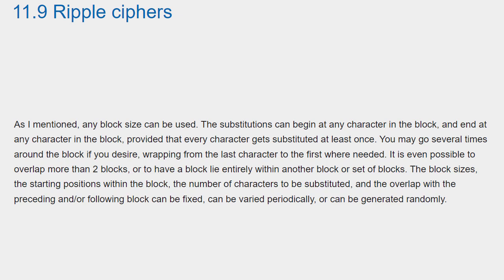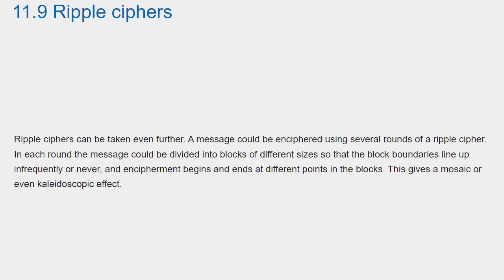It is even possible to overlap more than 2 blocks, or to have a block lie entirely within another block or set of blocks. The block sizes, the starting positions within the block, the number of characters to be substituted, and the overlap with the preceding and/or following block can be fixed, can be varied periodically, or can be generated randomly.